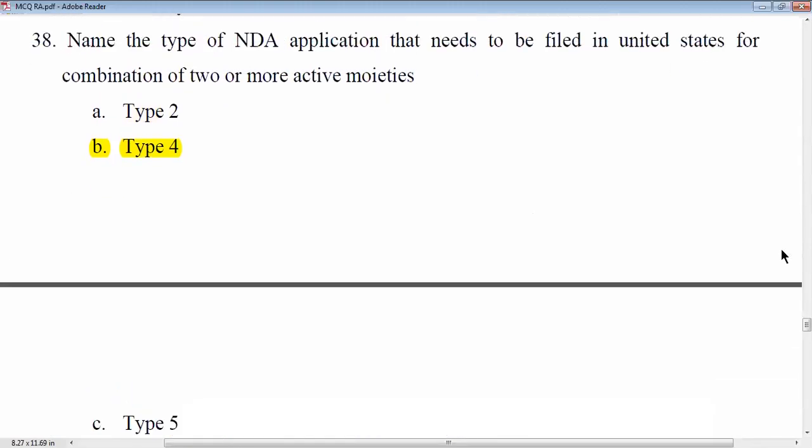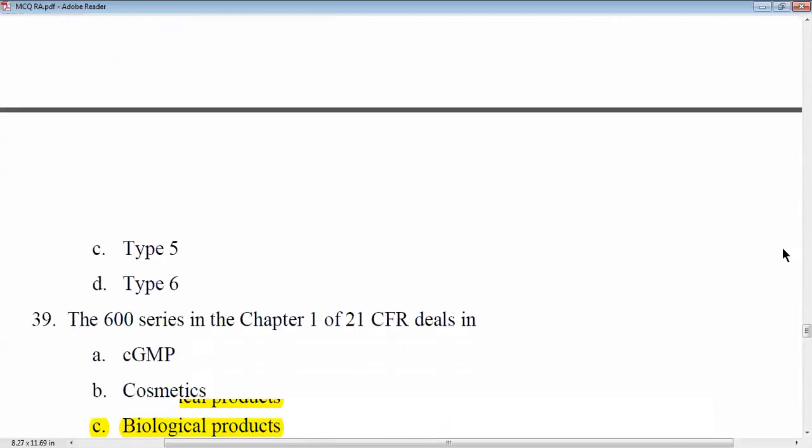So the correct answer is type 4. It is the type 4 NDA application.